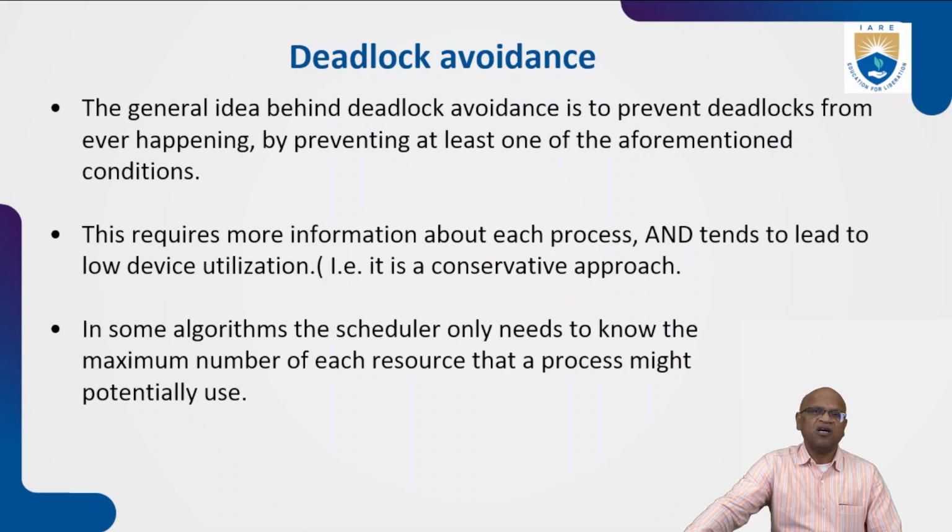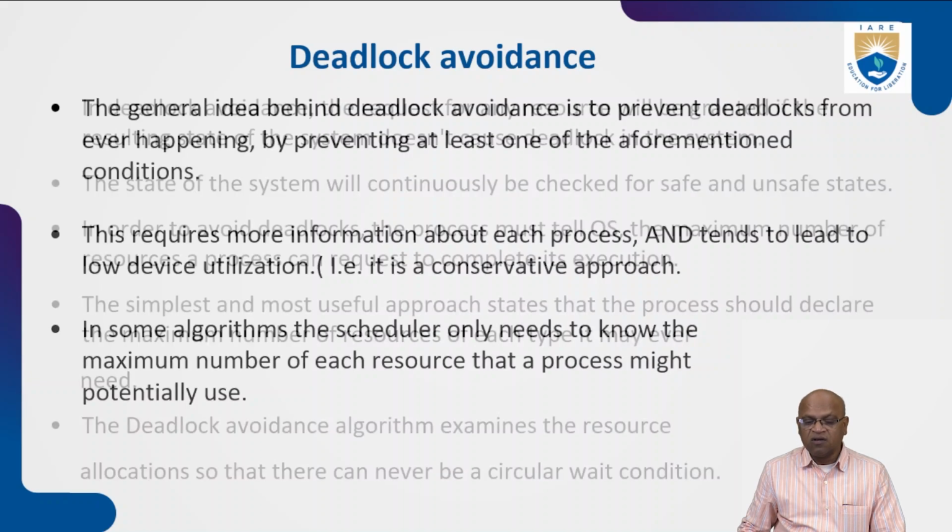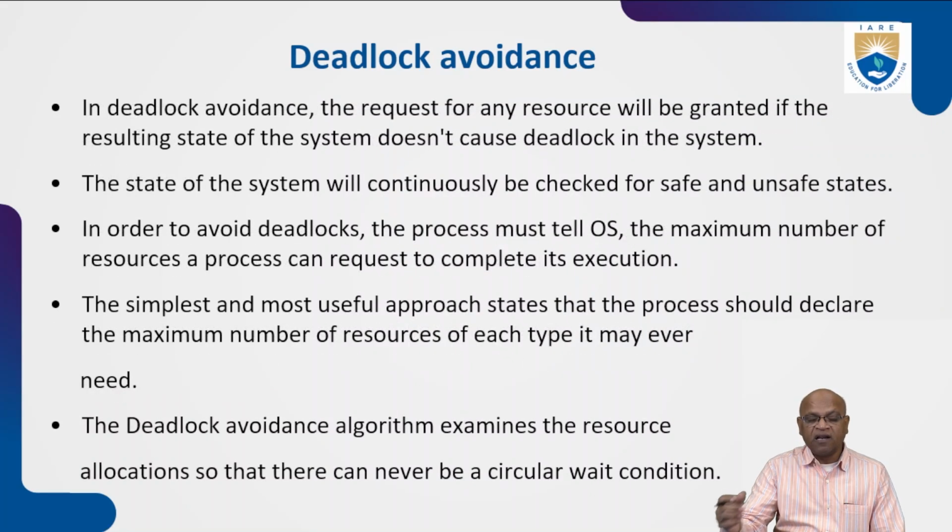So in deadlock avoidance, algorithms only need to know the maximum number of each resource that a process may potentially use. The request for any resource will be granted if the resulting state of the system doesn't cause deadlock. So the state of the system will continuously be checked for safe and unsafe states.